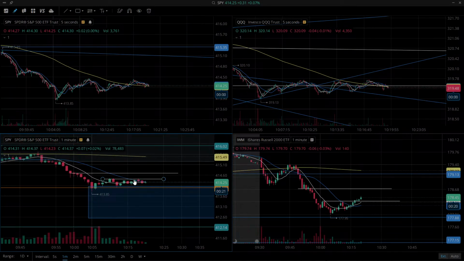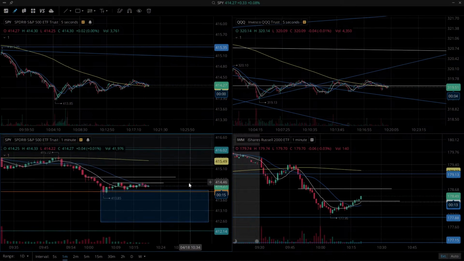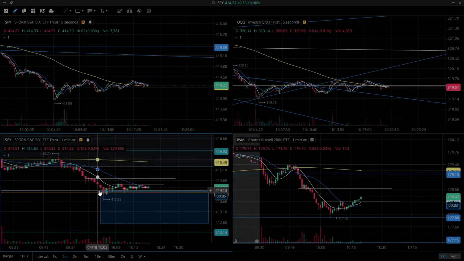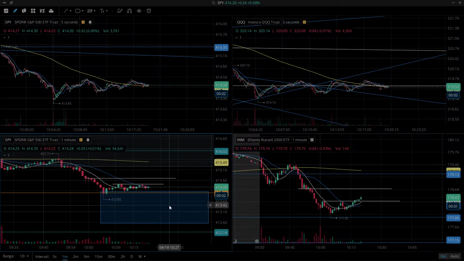So if we get a bearish measured move, half leg, 413.25. That 10:05 bar is 1, 2, 3, 4, 5 candles here to here. It gives you about half the box.